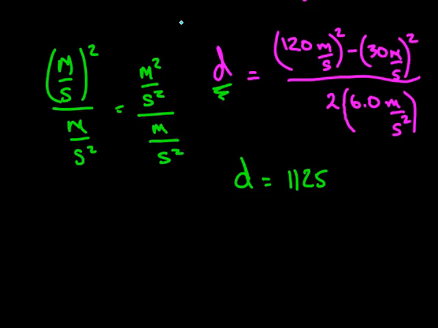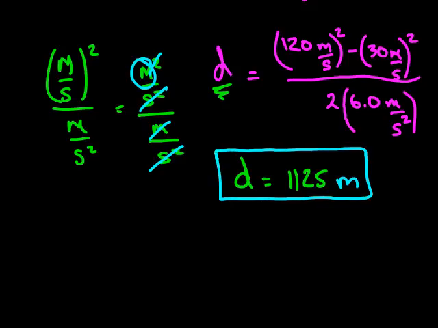And this is what I was talking about when I was saying that these seconds will cancel with those seconds, and this meter will cancel with one of these, leaving us with meters. So it will be 1,125 meters as our final distance in response to that question. So there you have it.